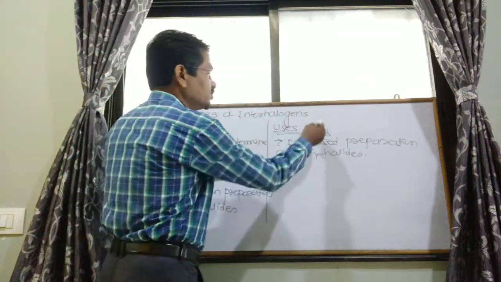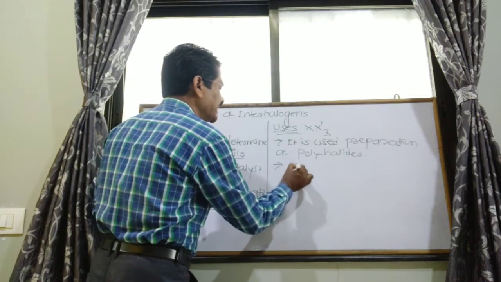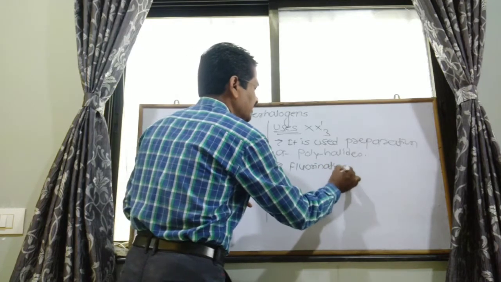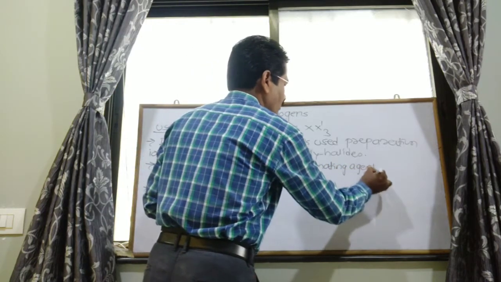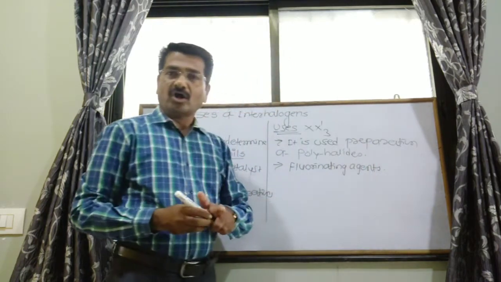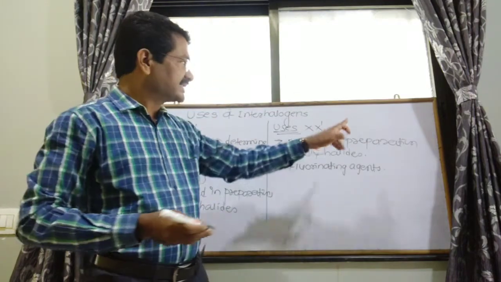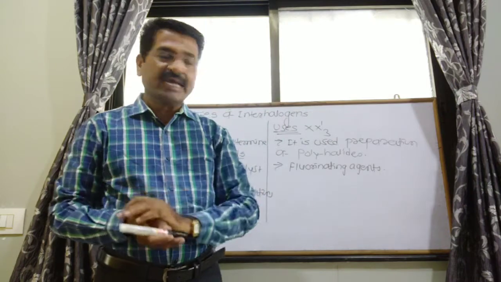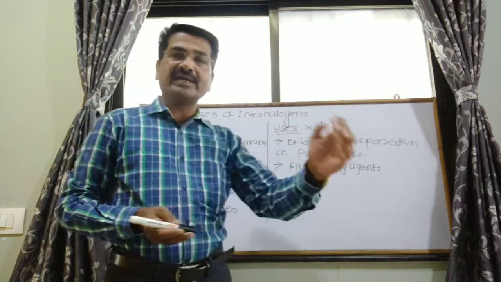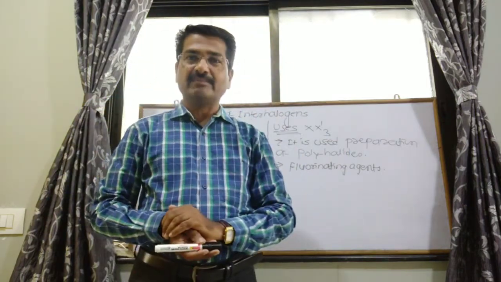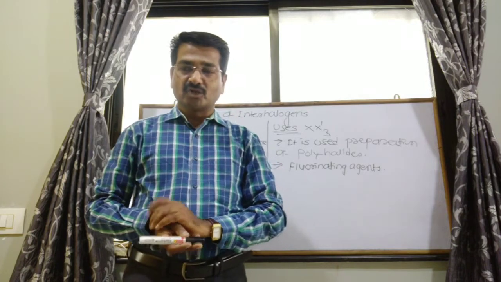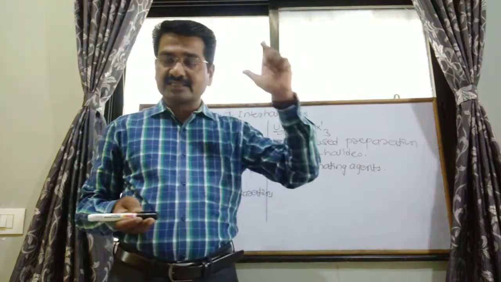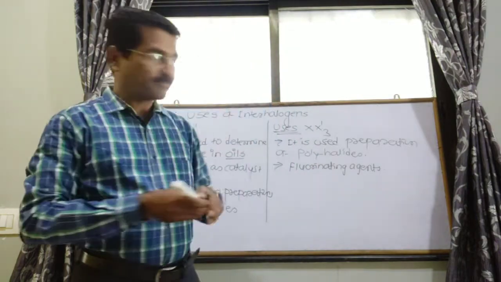Then it is used as a fluorinating agent. All the compounds of XX'3 like ClF3 and BrF3 can be used as fluorinating agents in chemical reactions. Those reactions that require a fluorinating agent use XX'3 compounds.